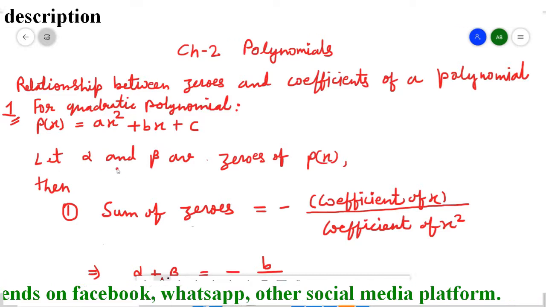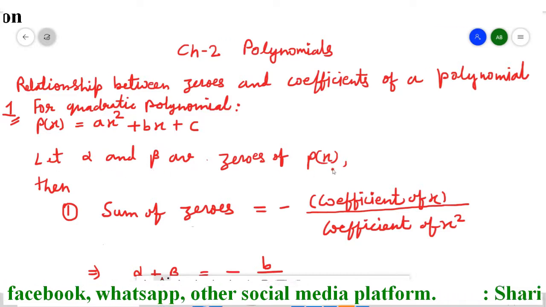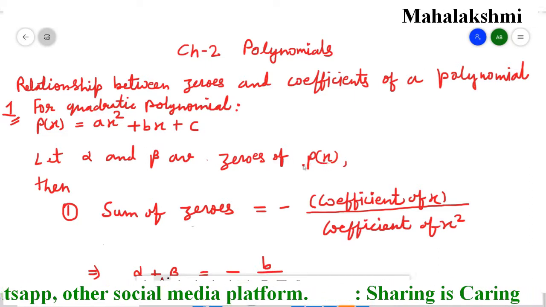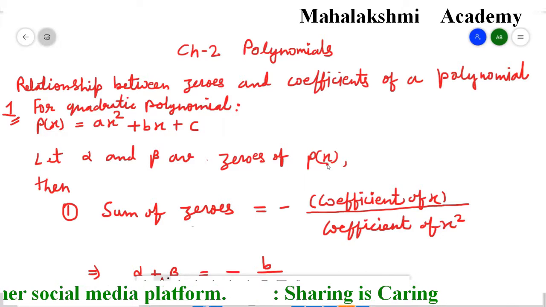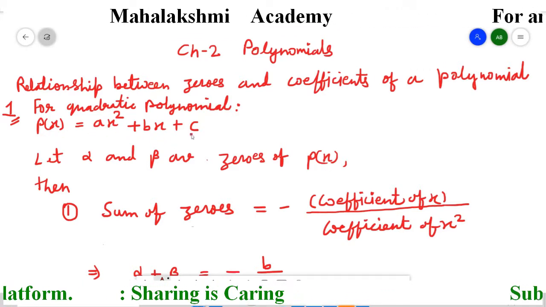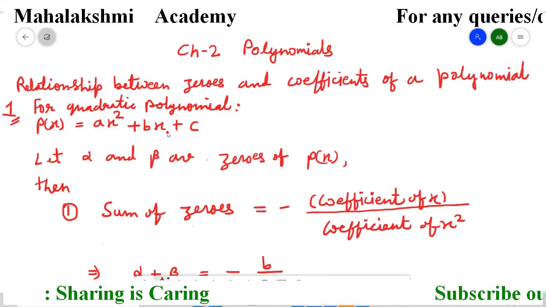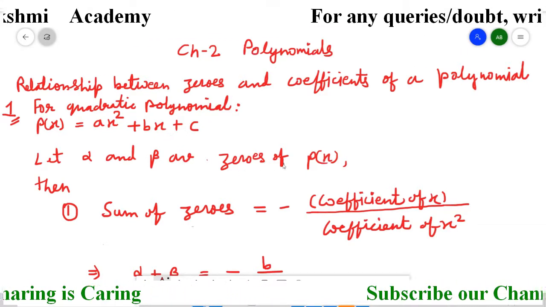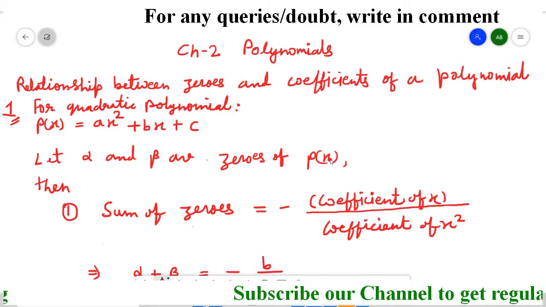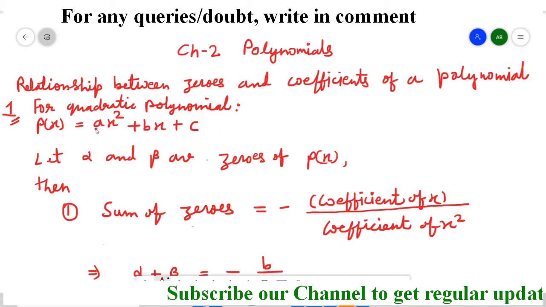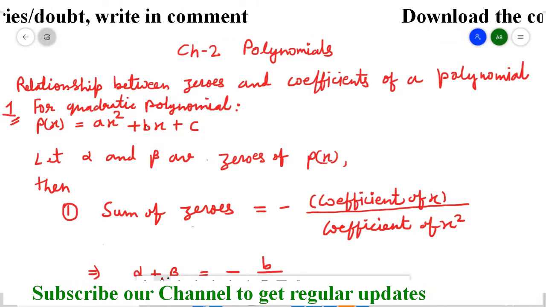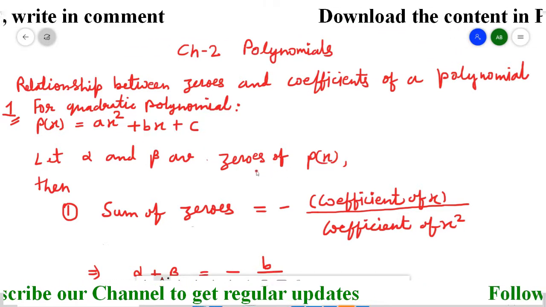Now let alpha and beta be the zeros of p(x). We already understood zeros in 9th class. Zeros means the values of x which, when we substitute them in the polynomial, make the complete polynomial's value 0.